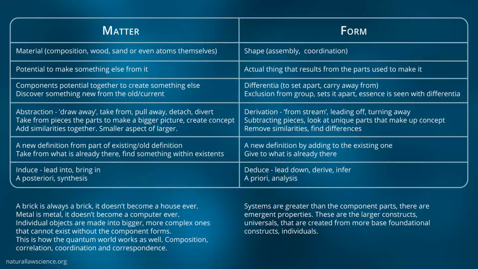New things are created, new things emerge. From the form aspect, systems are greater than the component parts. The whole is greater than the sum of its parts. There are emergent properties. These are the larger constructs, the universals, that are created from more base foundational constructs, from the individuals.